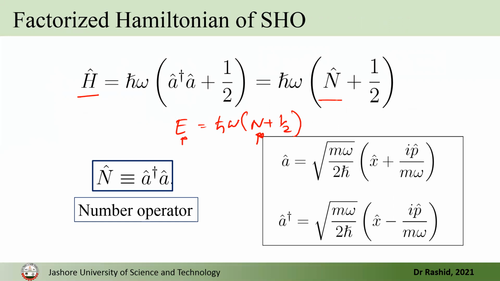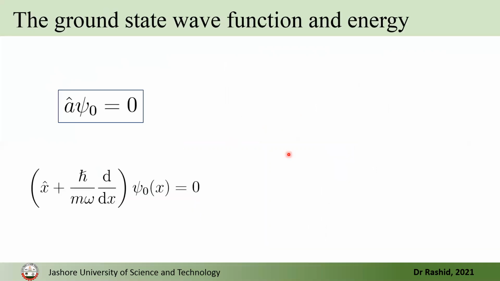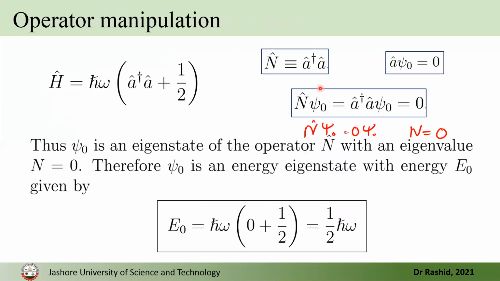This is because they are linear, and whatever the eigenstate for the number operator is would be the eigenstate of the Hamiltonian operator also. Since for the ground state wave function the eigenvalue of the number operator is 0, if we put this in that equation, we get the ground state energy to be half h cut omega.